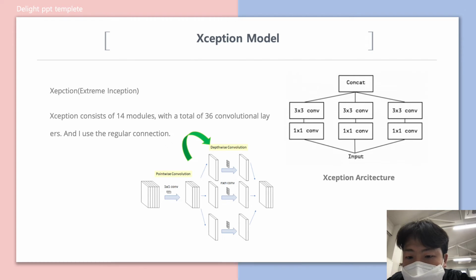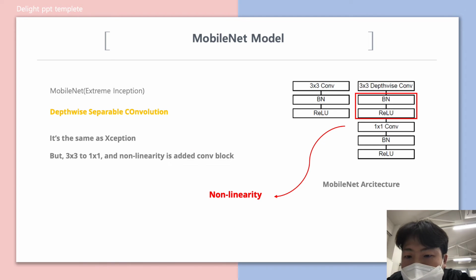It is a newly created Inception model, built by sampling the model using Inception V3 and modifying the structure with depthwise separable convolution. For MobileNet, we focus on improving the performance of a small model by utilizing depthwise separable convolution. The model structure is shown in the figure.